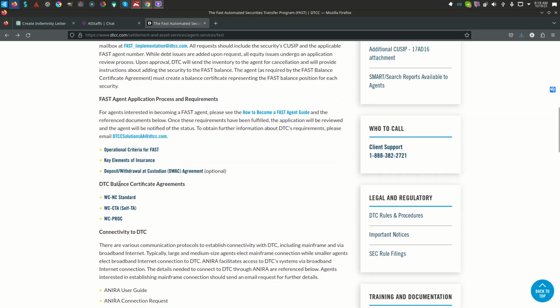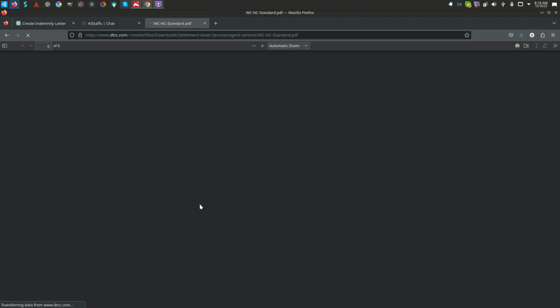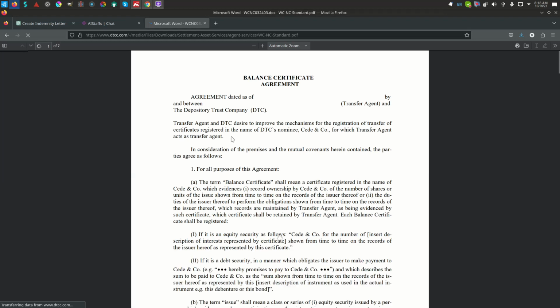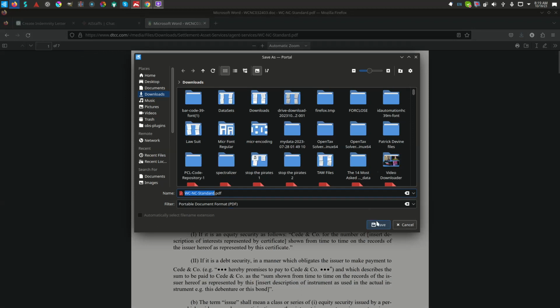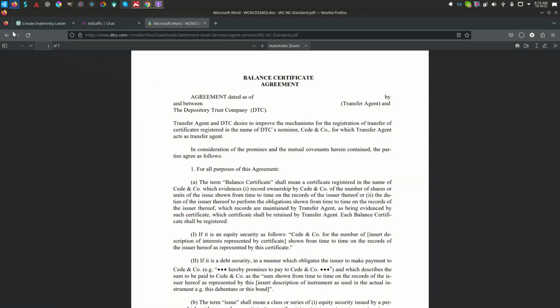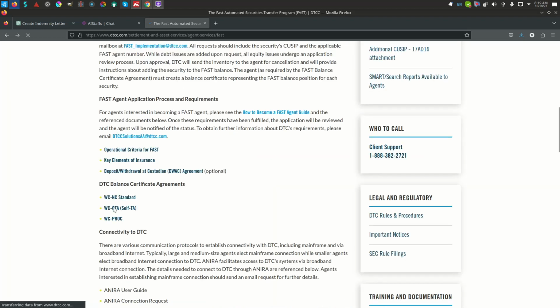Last but not least, here's your balance certificate agreements right here. This is the contract, as you watch me download it. And all of these things give you the ability to use what we're talking about.